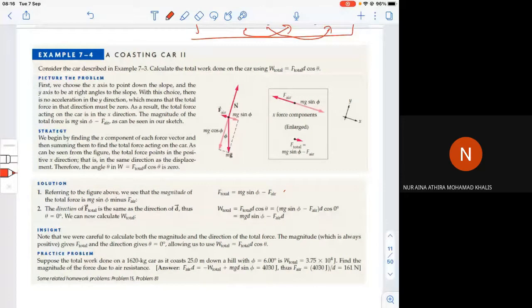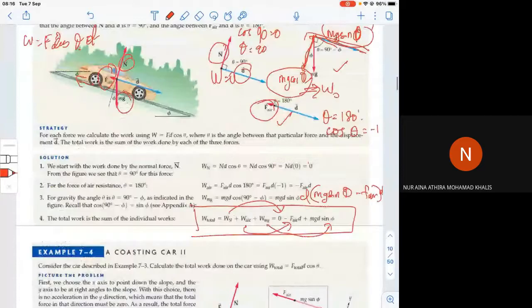When the car is going down the hill, that means the car is moving in the x-axis. Remember, in an inclined situation, the axes should be like this, x and y. So when I call it x-axis, that means down the hill, and when it goes up, that means y.